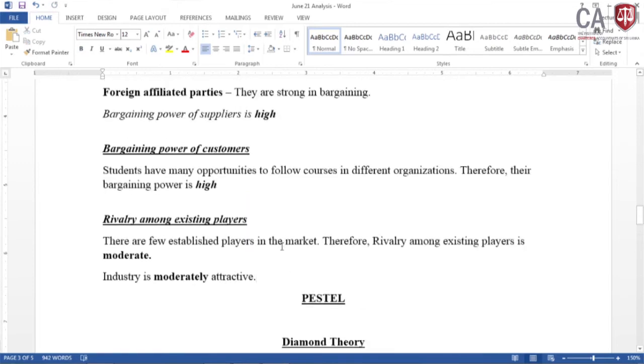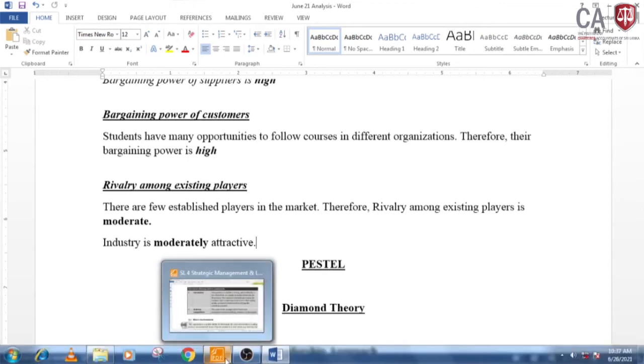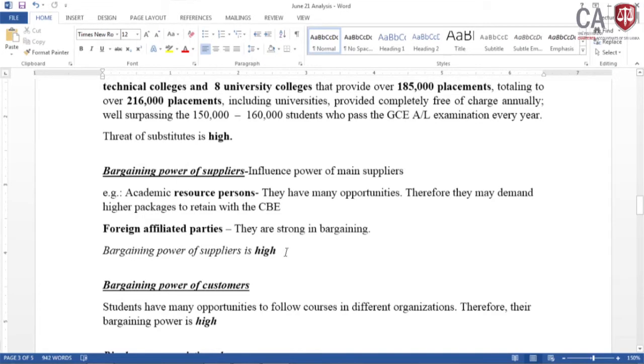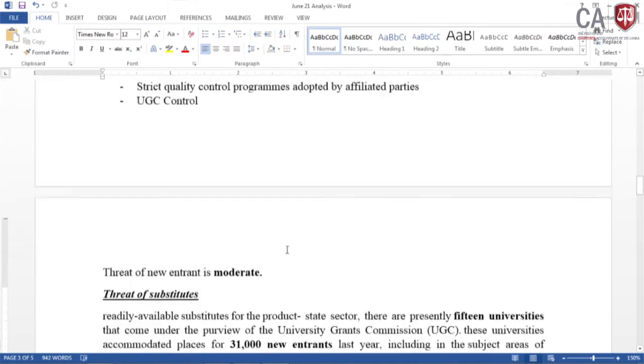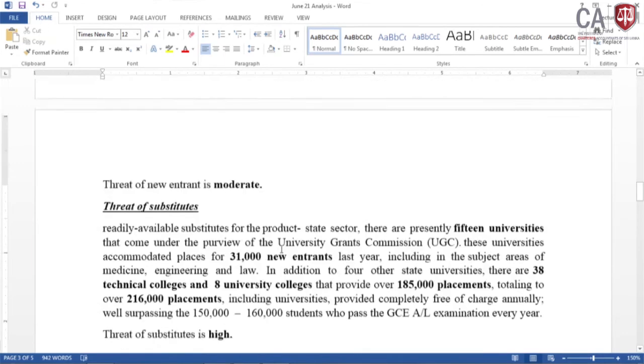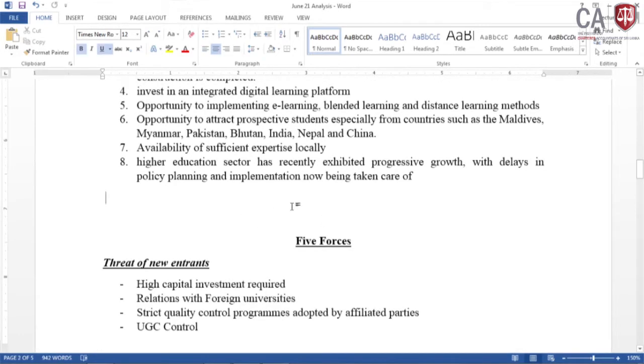So, that is the conclusion I made, right. Three highly unfavorable factors and two moderate factors. Based on that, I say that the industry is moderately attractive. Right, I have done this five forces analysis.